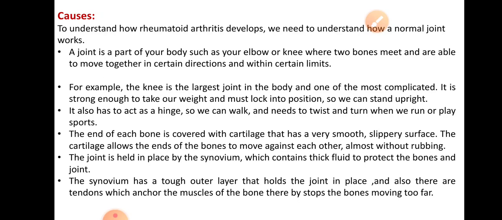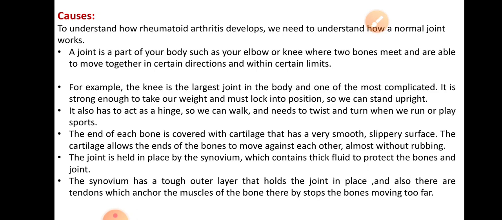The end of each bone is covered with cartilage that has a very smooth, slippery surface. The cartilage allows the ends of the bones to move against each other almost without rubbing. The joint is held in place by the synovium, which contains thick fluid to protect the bones and the joint.